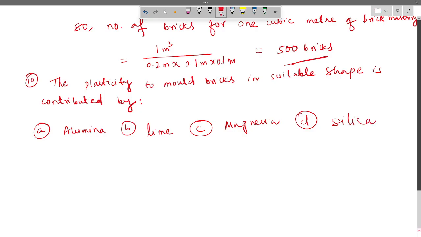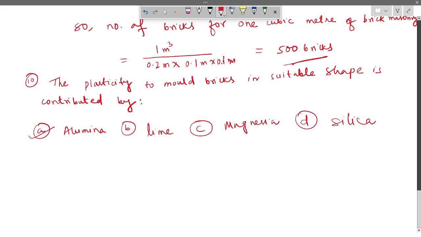So which ingredient imparts plasticity to the bricks? This question is asked in SSC JE. It is a repeated question with slightly changed words. So what will be the answer? Alumina, the answer is A. Alumina is the principal and most important constituent of good clay.